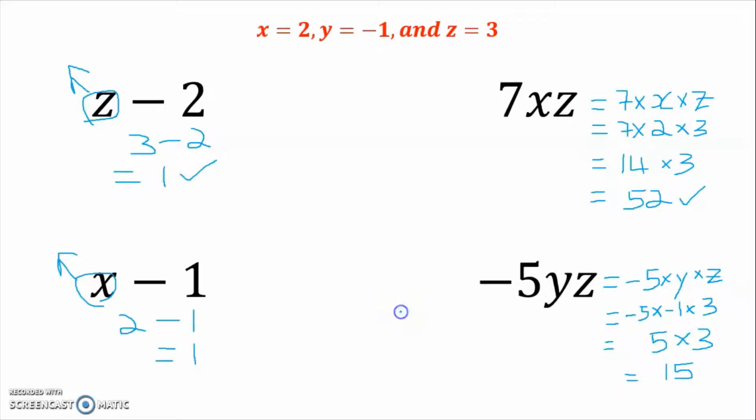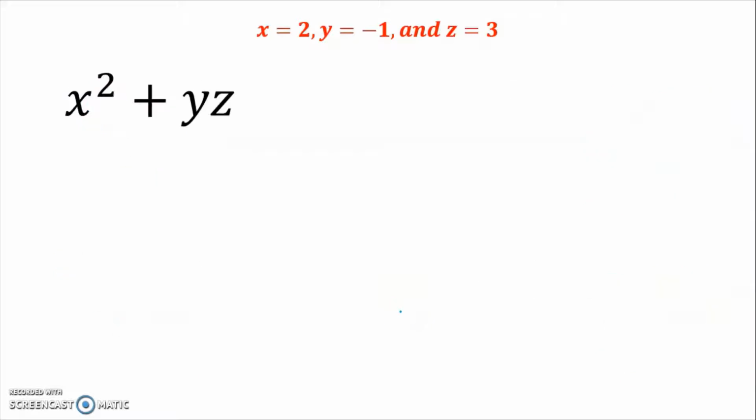Okay, negative 5yz. Let's continue. We have an expression here, x squared plus yz. Now, x squared is the same as x multiplied by x. Whenever you square a number, you multiply the number by itself.